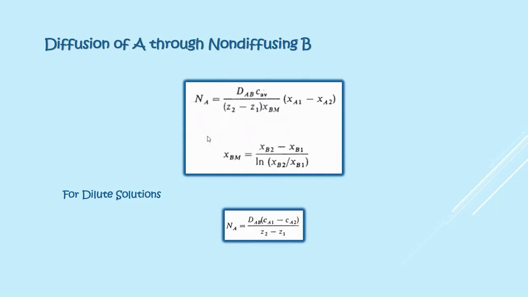That way, we are determining the log mean of the mole fraction of B at points 1 and 2. So after you've taken the value of x_Bm, then you go back to the original formula and substitute.